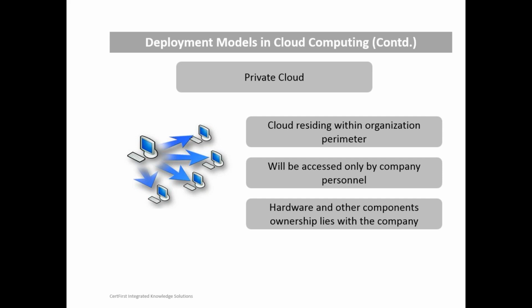So that's where organizations thought of it and said, okay, let me do dynamic allocation of resources. Instead of assigning resources statically, you do it dynamically. What does that mean?